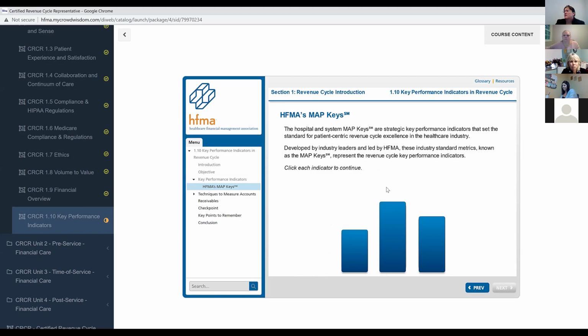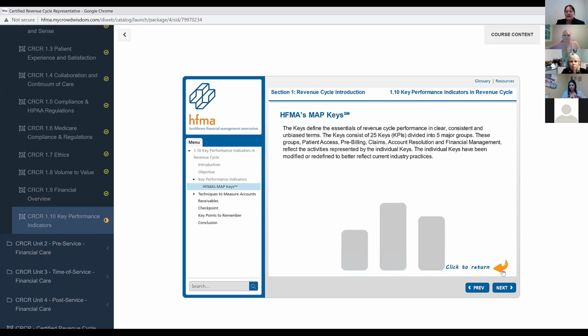This talks about the transparency of the keys. They're an industry standard. I think that they're a good tool. HFMA does provide very good tools for us to be able to measure our performance and benchmark against. And I know they have those MAP awards too. I think this probably all lays into all that stuff.